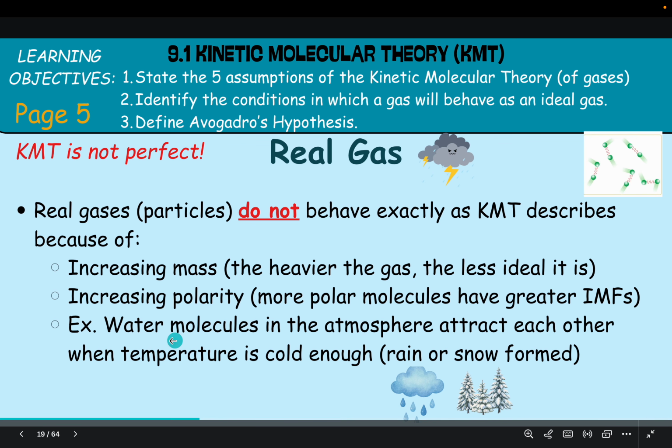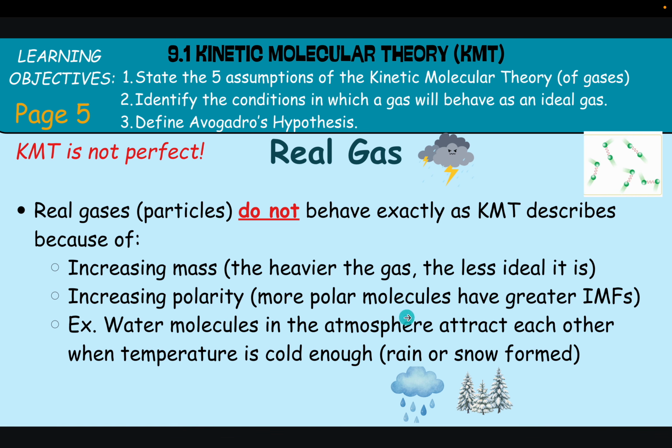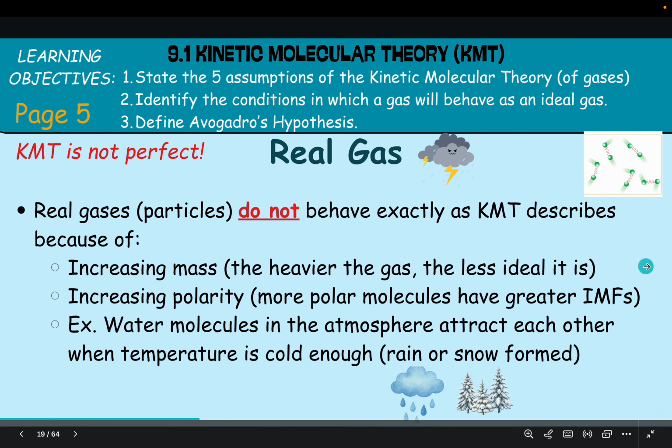If polarity and increasing mass didn't affect how ideal or real a gas was, there would be no intermolecular forces, so rain or snow would not be able to form.